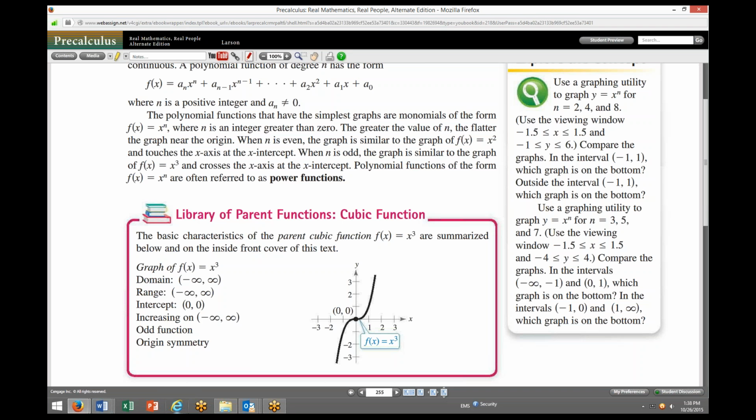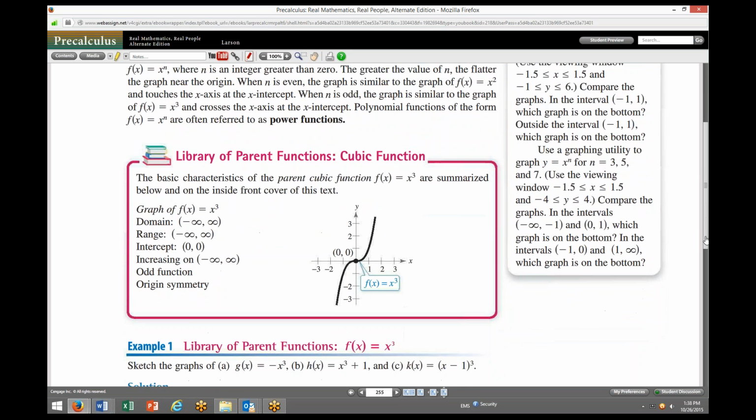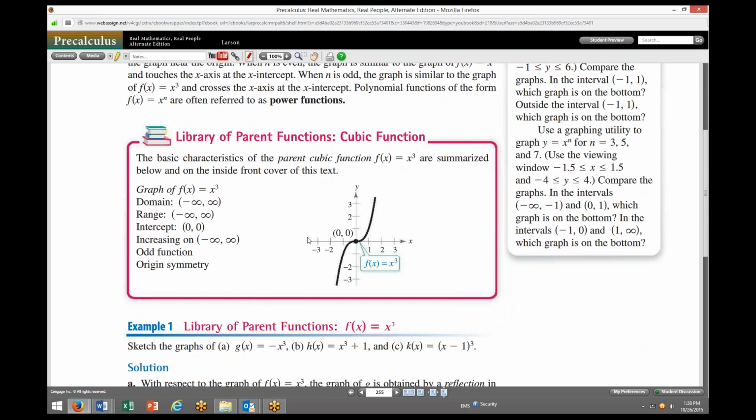And the first one of these we get to as we leave quadratics behind, so to speak, is x to the third, which does have a name, the cubic function. And a few characteristics of this function itself: being a function, of course, it has a domain and a range. With x to the third, the graph passes through the origin and it goes down to the left forever and up to the right forever.